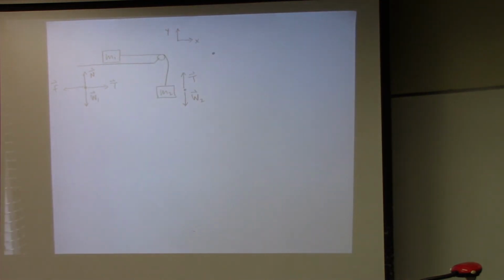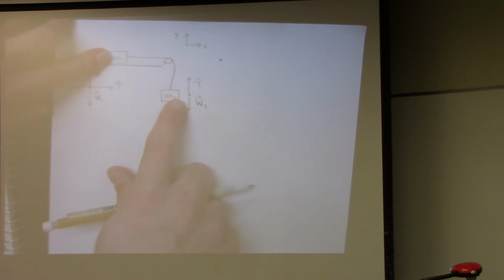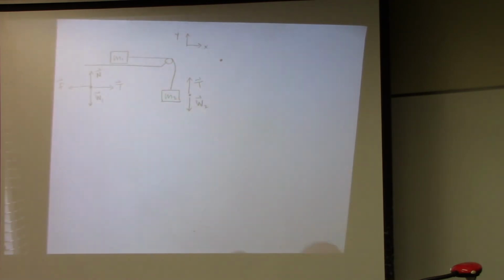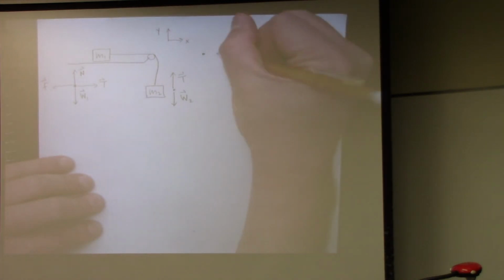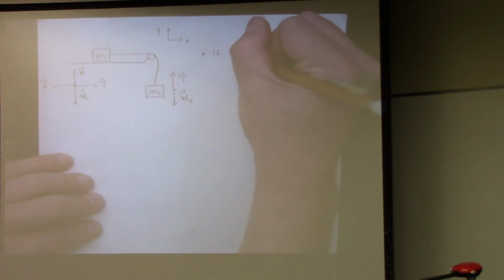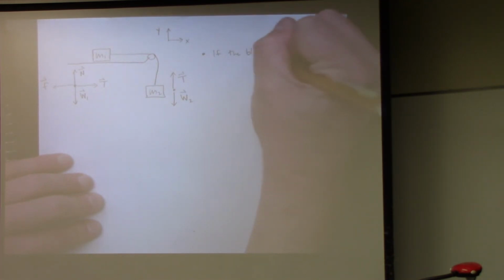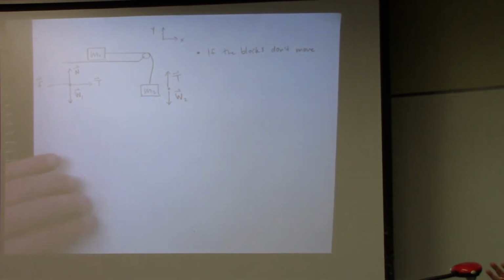So the first question was about if I release the system from rest, if I hold everything in place and then let go, will it start moving or no? Well, to answer that question, let's start by assuming the blocks don't move. So we're going to start by saying, let's say the blocks don't move.